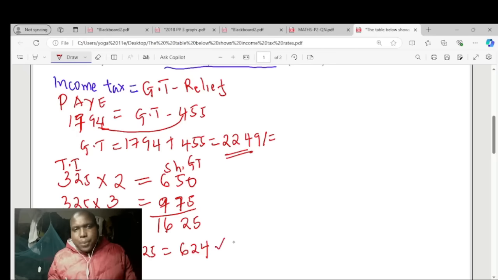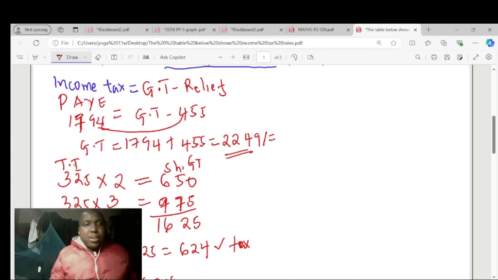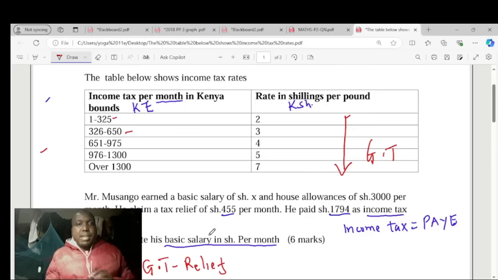Sasa hii ndio tax yenye imebaki. This is the tax. So tunataka kujua ni how much amount yenye ilitupea hii tax. So x times 4, that is the next slab, will give us 624. So now this is 4x is equal to 624 divided by 4, divided by 4. So x is equal to 156. And this one is Kenya pounds. Remember, whatever we have here on the left side is in Kenya pounds. 325 is in Kenya pounds because our table was in Kenya pounds. Remember that.